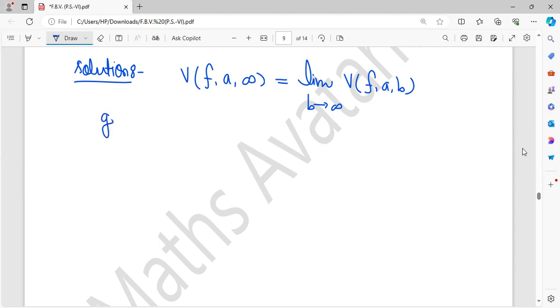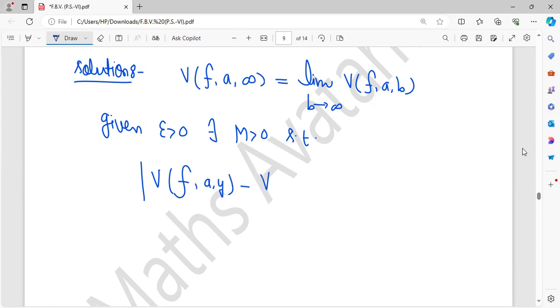It means given epsilon greater than 0, there exists M greater than 0 such that V f [a, y] minus V f [a, x] will be less than epsilon for all y greater than x, and x is greater than M.